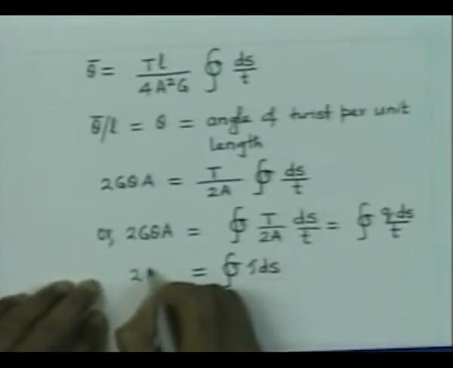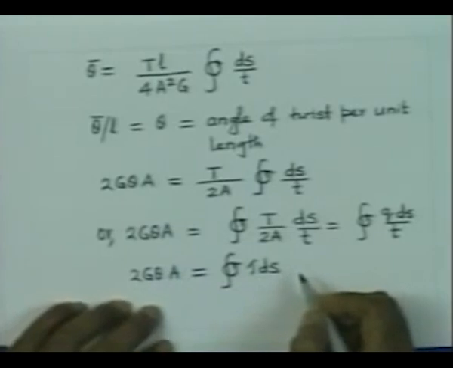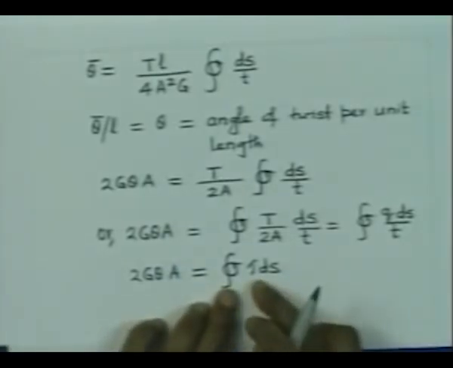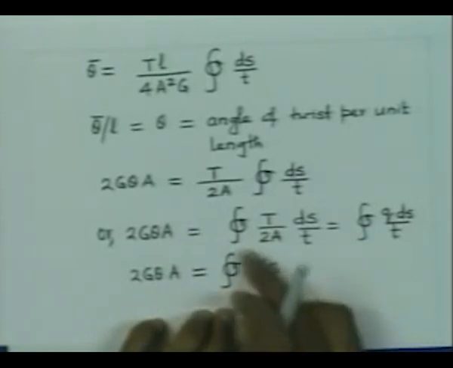So, twice G theta into A is equal to the integral of tau over the whole of the boundary. This is the relationship to find the angle of twist per unit length.